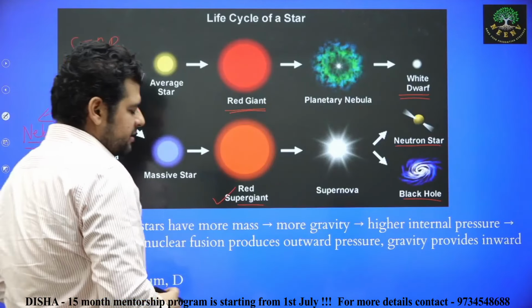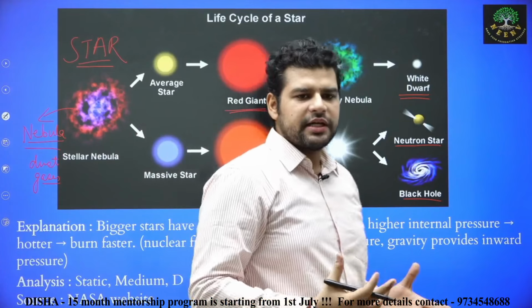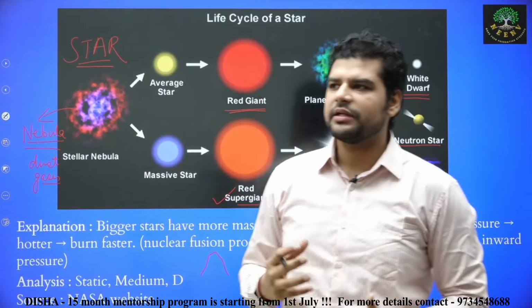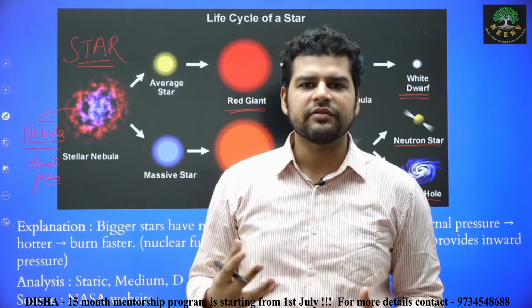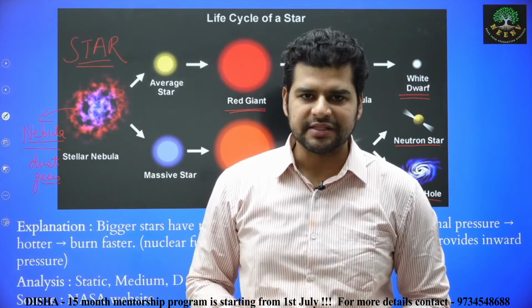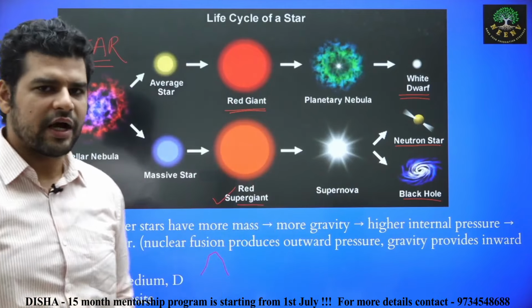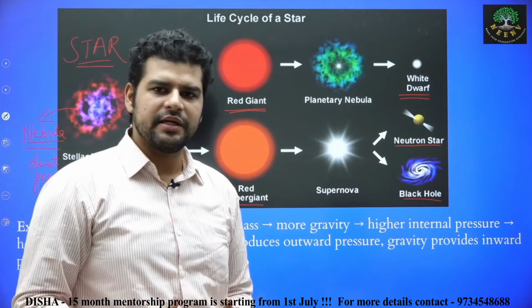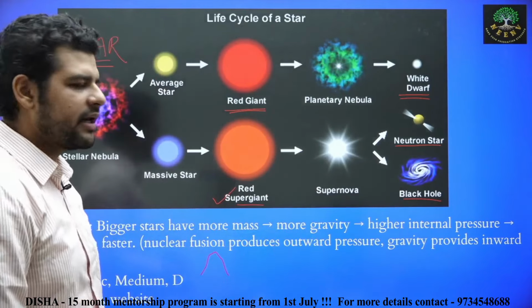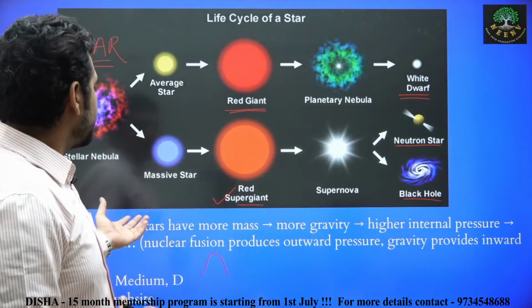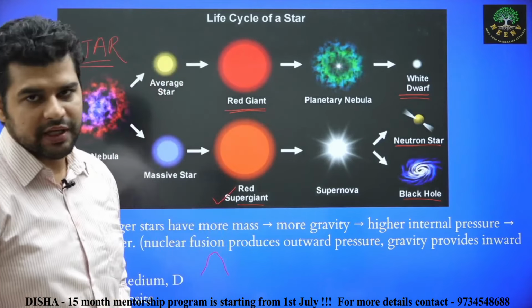If you think in normal logic, you will think that it's a big star, so it should live longer because it will have more fuel for nuclear reactions, more hydrogen for nuclear fusion. Hydrogen joins to become helium in this nuclear reaction, and then heat, light and other radiation are given out. So you will think that it has more fuel, so it will live longer, but that is not the case.